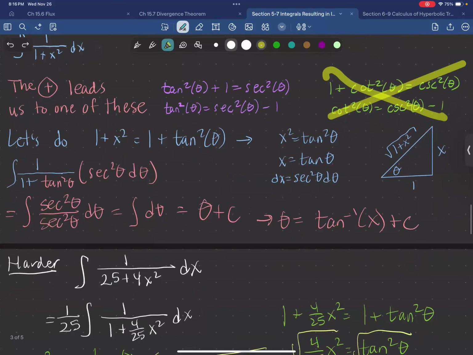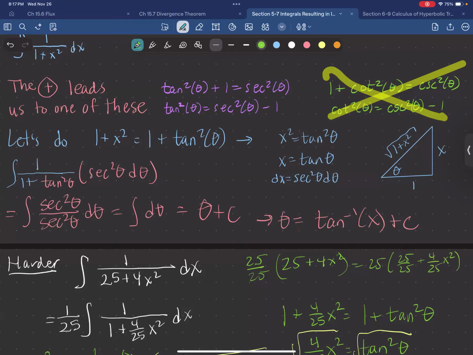What I did, we're dividing. We're taking the 25 plus 4x squared, and we're multiplying by 25 over 25. And when I do that, I put the bottom 25 in. That becomes 1, and I get 25 on bottom times 1 plus 4 over 25 x squared.